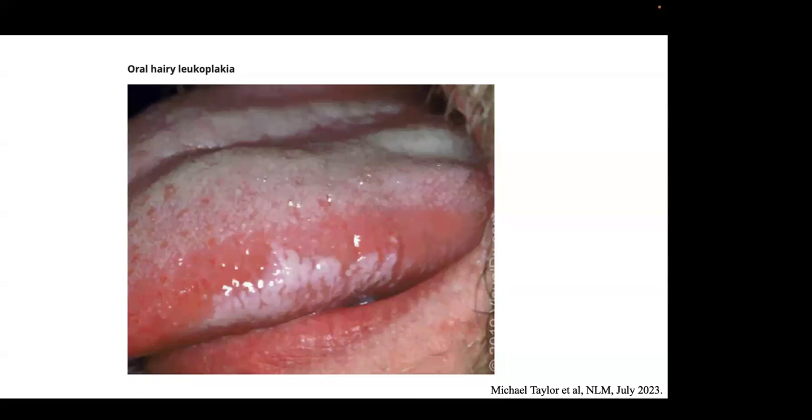The other manifestation which can happen is oral hairy leukoplakia, wherein we see white corrugated painless plaques, and unlike candidiasis, they cannot be scraped from the surface, and they are classically seen to affect the lateral portion of the tongue, and rarely the floor of the mouth, the palate, or the buccal mucosa may also be involved.